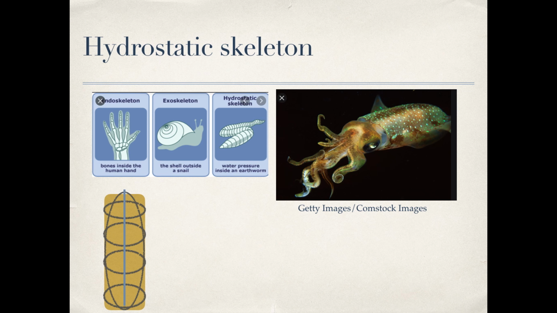This animal is actually an almost cylindrical or cigar-shaped structure, which is a skin filled up with a liquid.